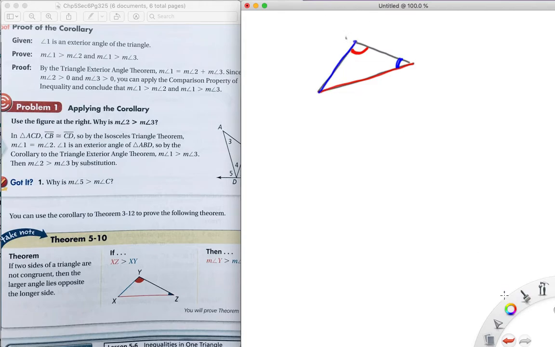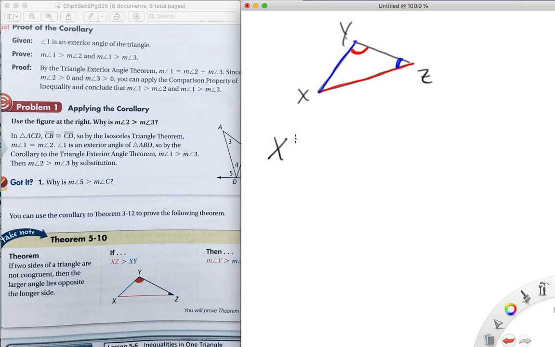What theorem 5.10 says is that since XZ is the larger side, the angle opposite it, angle Y, is going to be greater than the rest. The smaller side has the smaller angle. So what does that mean?